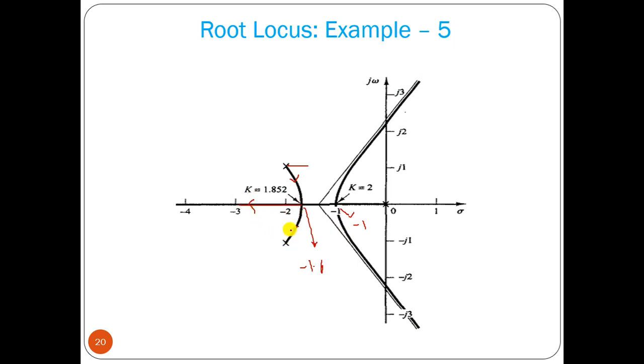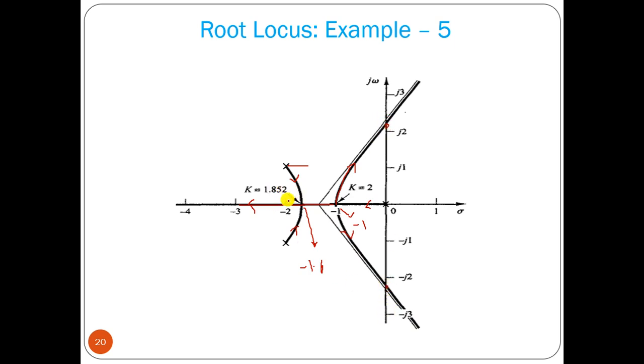This pole comes at that departure angle, breaks away, comes here, again breaks away, and goes this way to infinity along this asymptote. This pole comes here, breaks away and goes along this asymptote line.